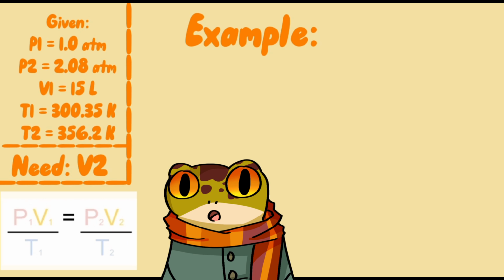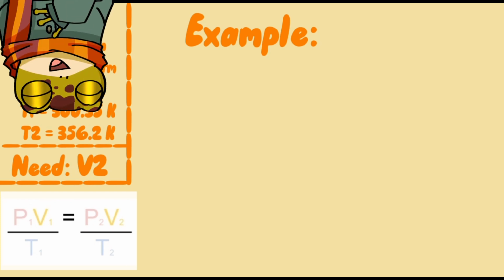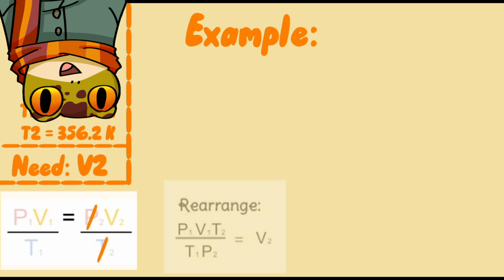Since we're trying to find volume 2, we must rearrange the equation. So we divide by P2 on both sides and then multiply by T2 on both sides. Now we can finally plug in all the numbers and solve it.